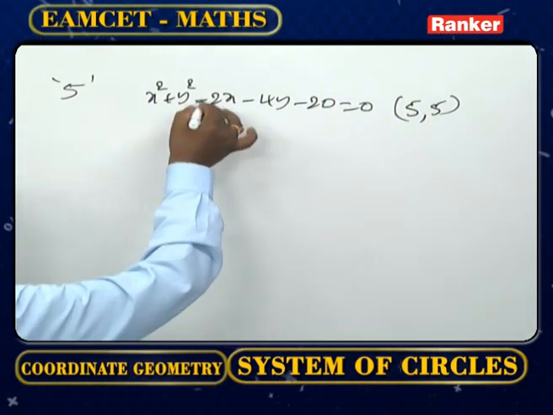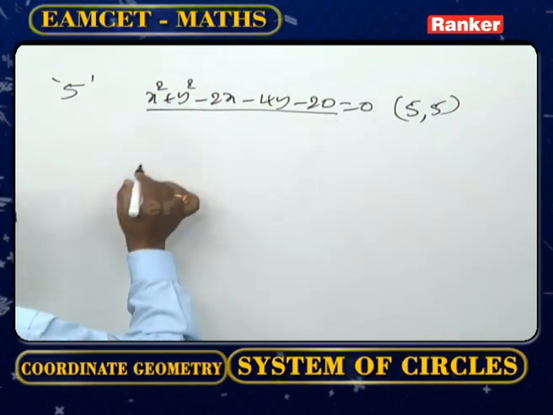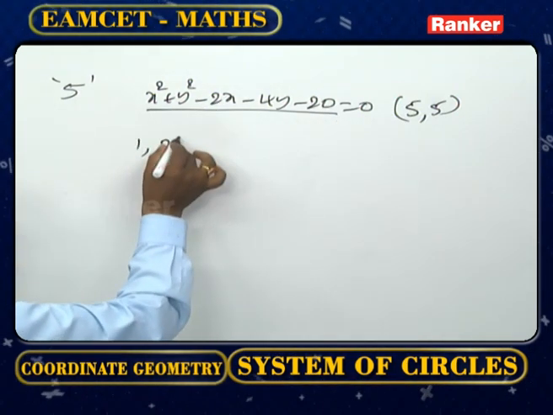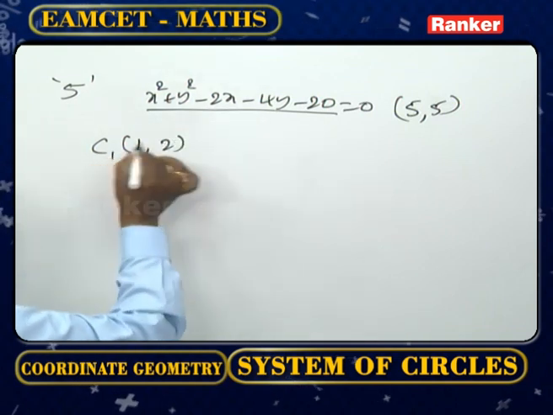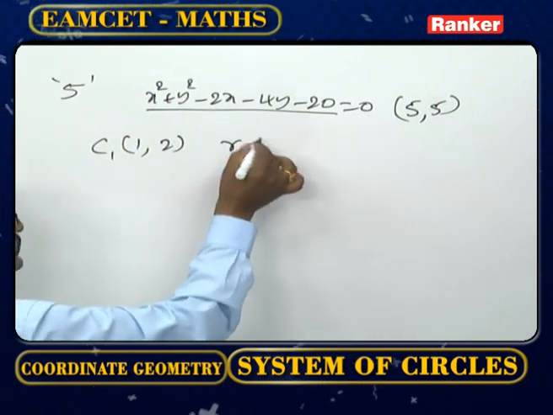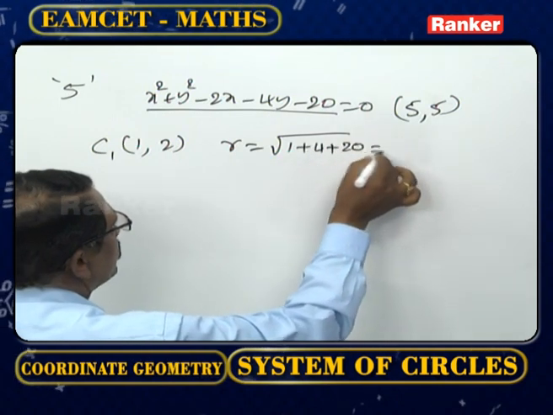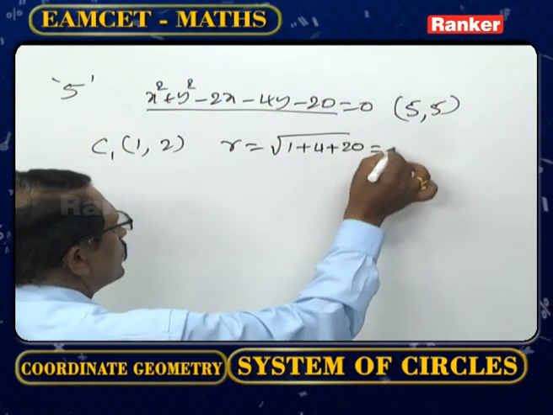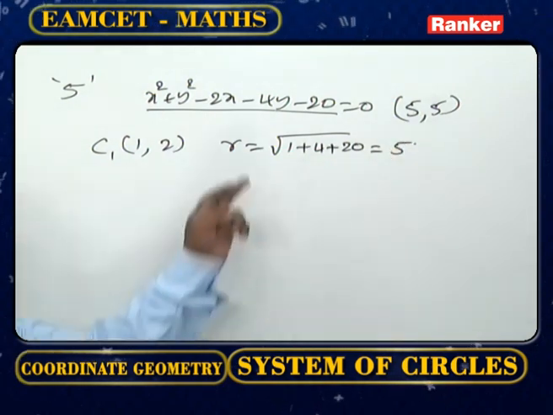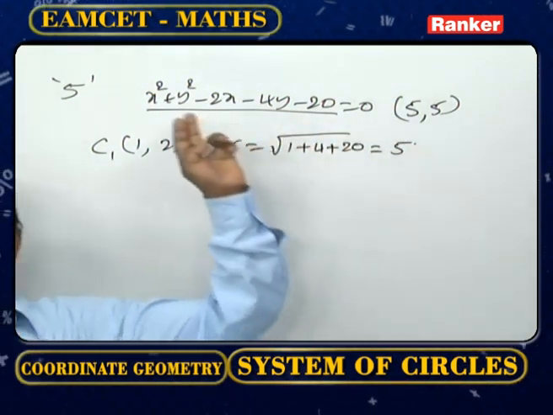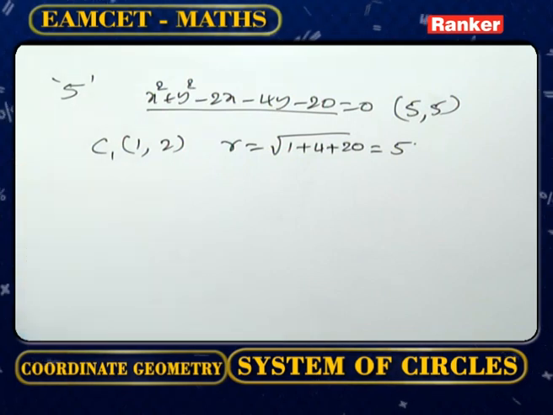Now the radius of the given circle: its center is 1 comma 2, and radius equals square root of 1 plus 4 minus of minus 20, that equals root 25 or 5.